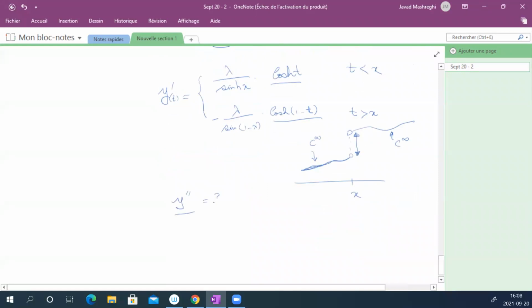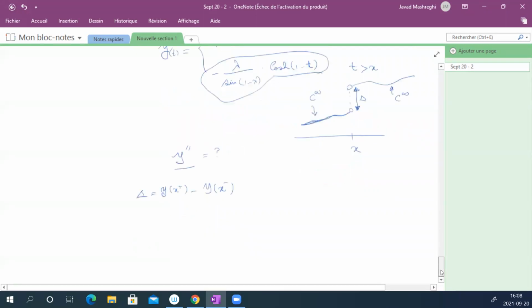To obtain the second derivative, let's see what this delta, the jump, is: y at the point x plus minus y at the point x minus. You have the formula for t bigger than x. This part gives you y at the point x plus, and the other one y at the point x minus.